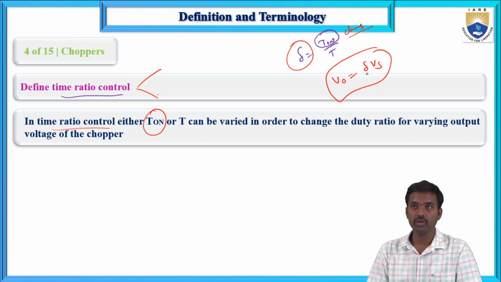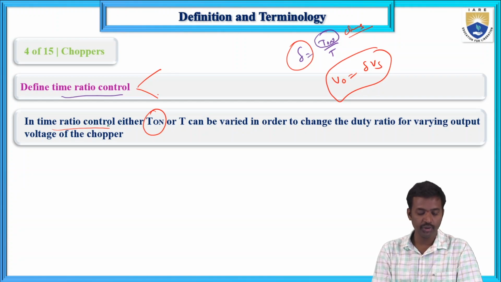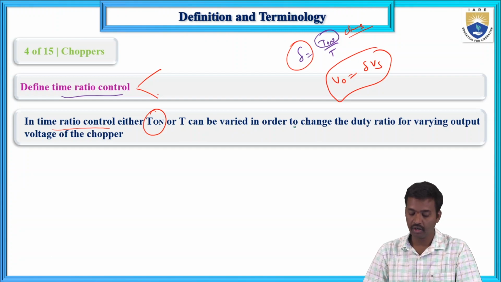If we change T on, the duty cycle changes and the output voltage changes. Otherwise, if T changes, the duty cycle changes, and that means the output voltage changes. So in time ratio control, either T on or T can be varied in order to change the duty cycle and thus the output voltage of the chopper.